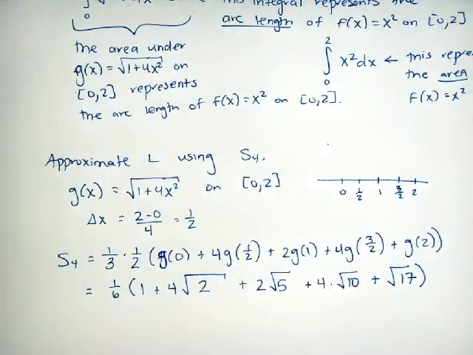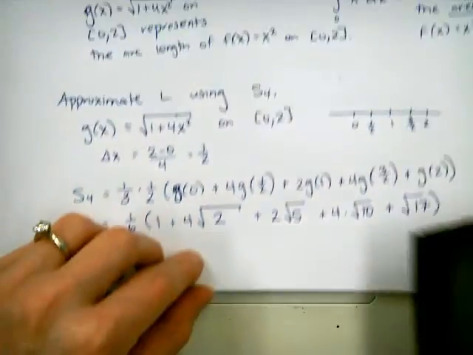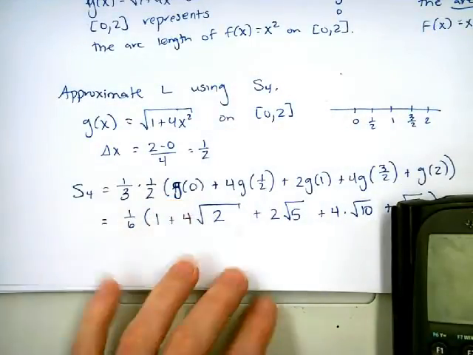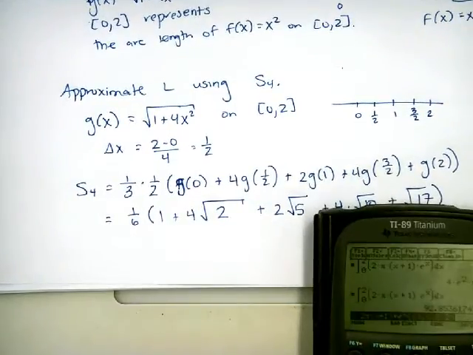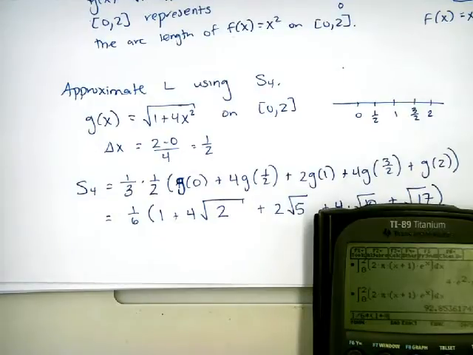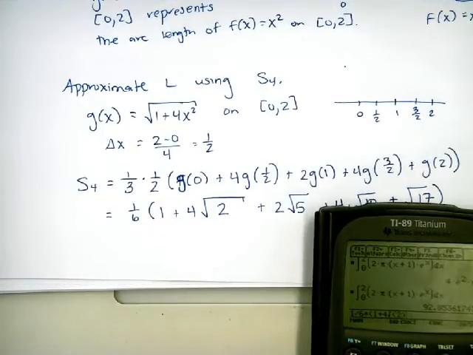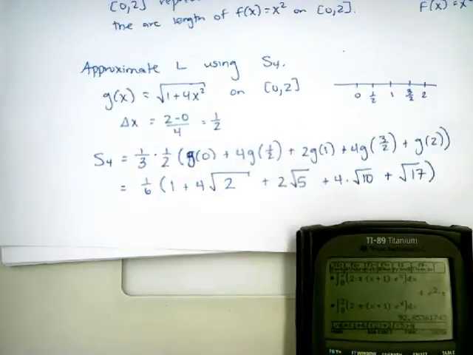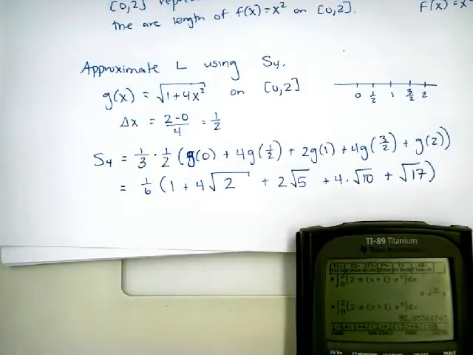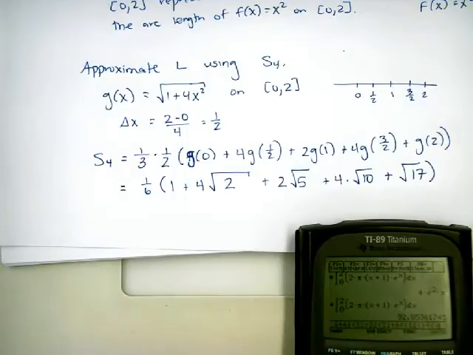You could also use the define in your TI-89 if you have that, and then you could just type it in from here. Okay, so we have 1/6, 1 plus 4 root 2 plus 2 root 5 plus 4 root 10 plus root 17.